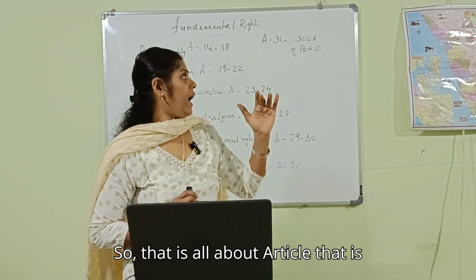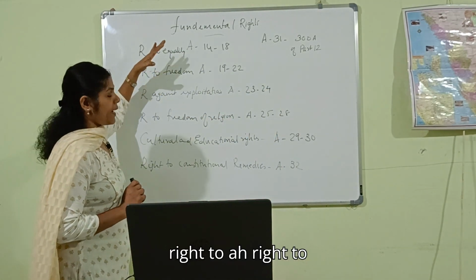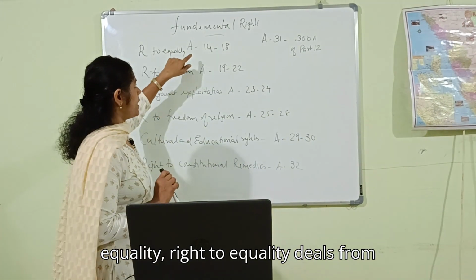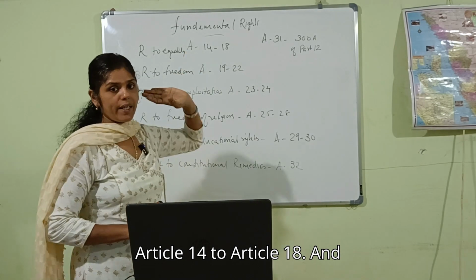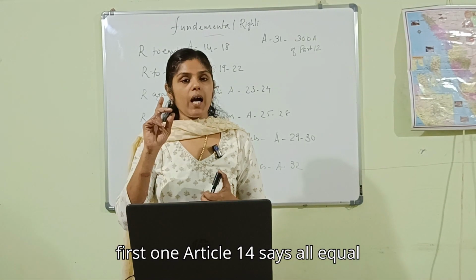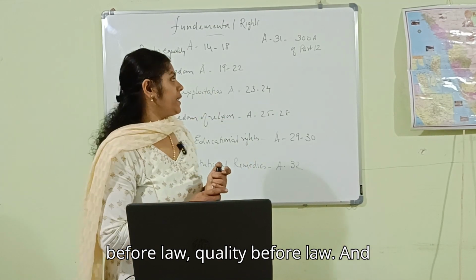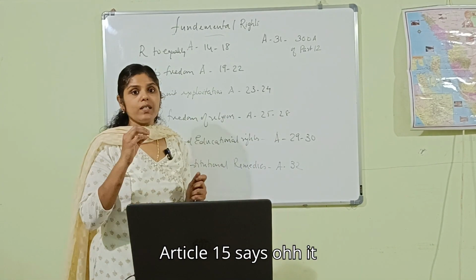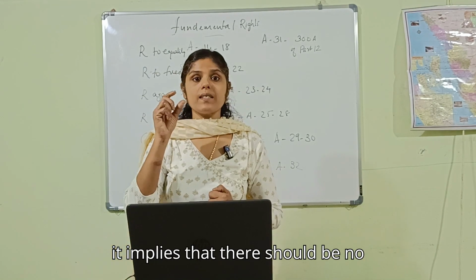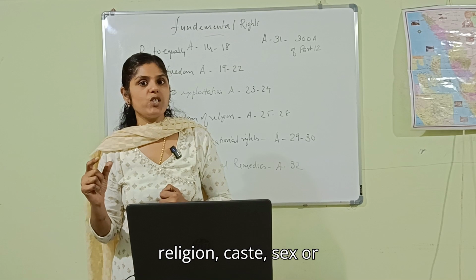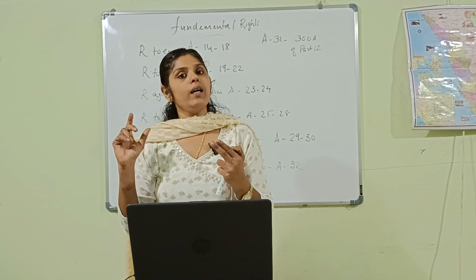So that's all about the right to equality. Right to equality deals from Article 14 to Article 18, and first one, Article 14 says all are equal before law, equality before law. And Article 15 says there should be no discrimination on the basis of race, religion, caste, sex, or place of birth.